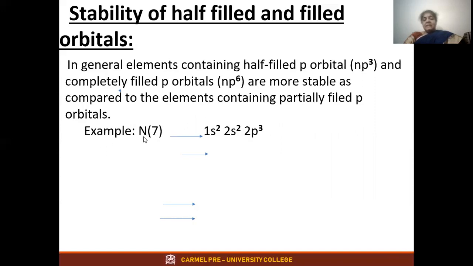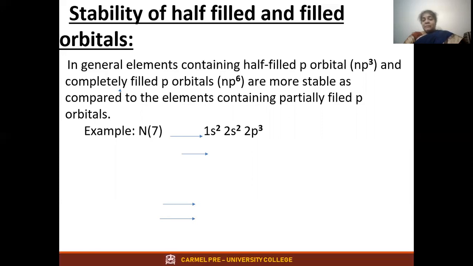Let us take nitrogen. Its atomic number is 7. How to write the configuration? 1s2, 2s2, 2p3. From now on, please remember, students, whenever you need to write the electronic configuration, you should remember Hund's rule or the n plus l rule. When you start writing the configuration, take down the energy levels 1s, 2s, 2p, which we saw in the Aufbau rule. If you have taken it down in your books, go back and see.